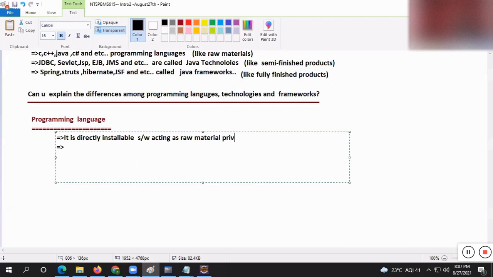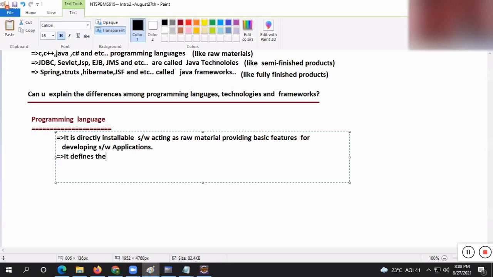Okay. Providing basic features for developing software applications.